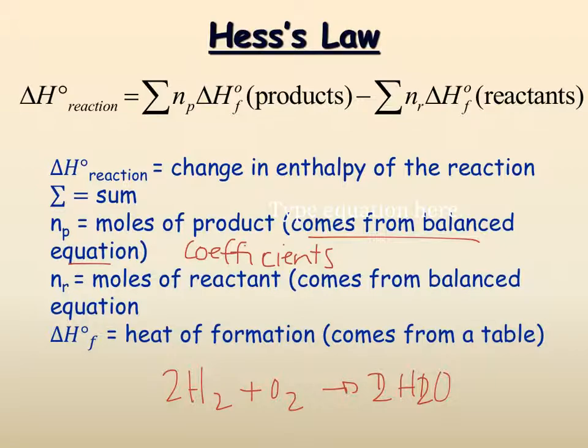And then delta H naught F is the standard symbol to say heat of formation. We get heats of formation off of a table. In our lab, we calculated the heat of formation for that reaction, the ammonia and acetic acid reaction.